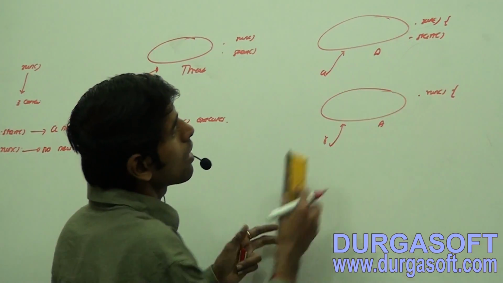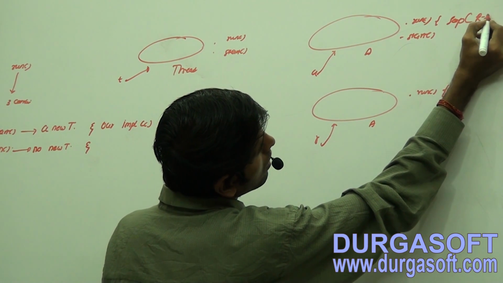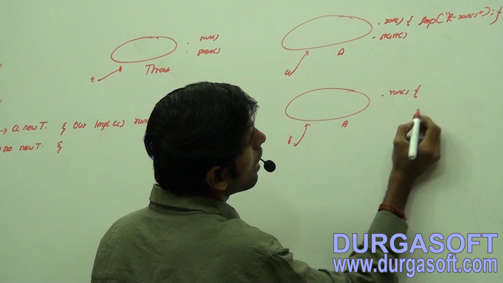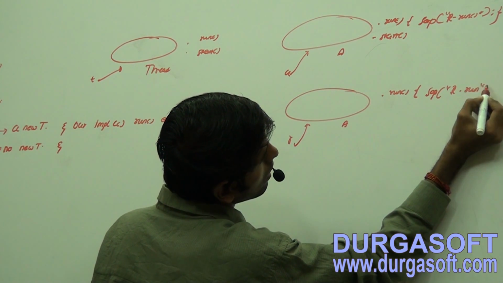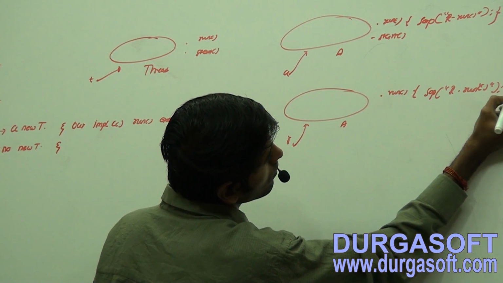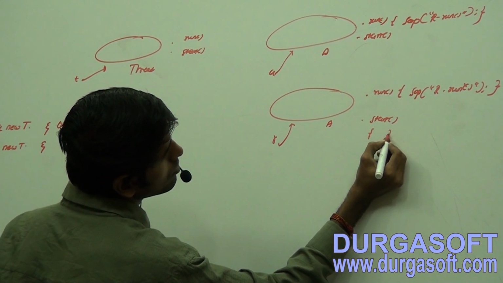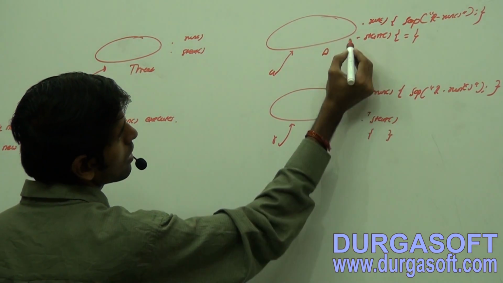And the start method comes from the parent class, that is the Thread class.